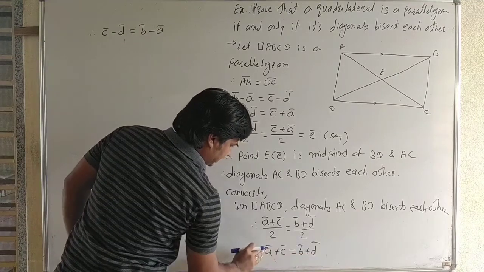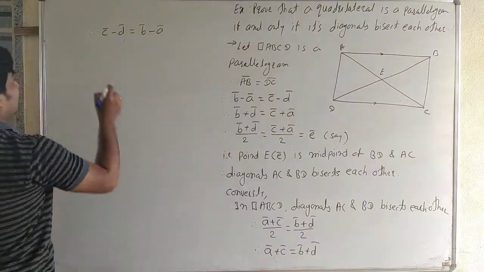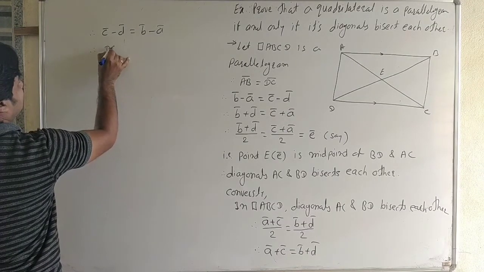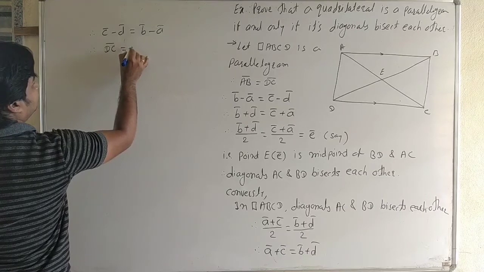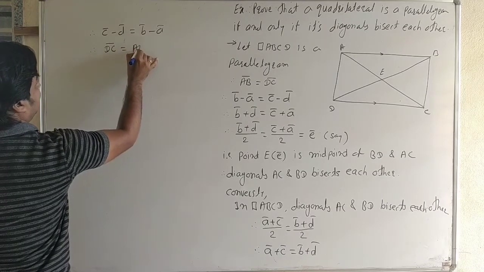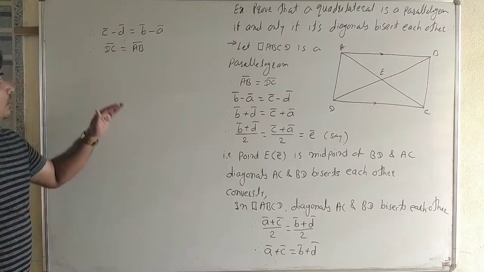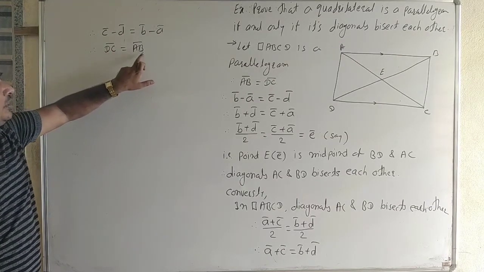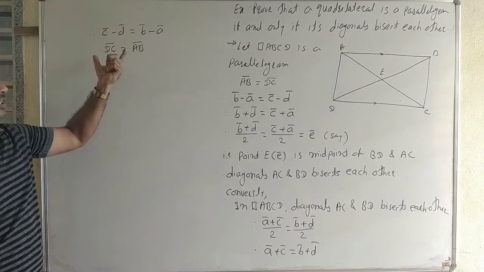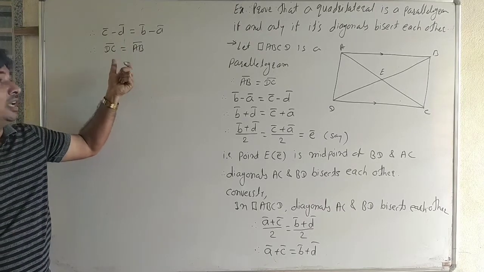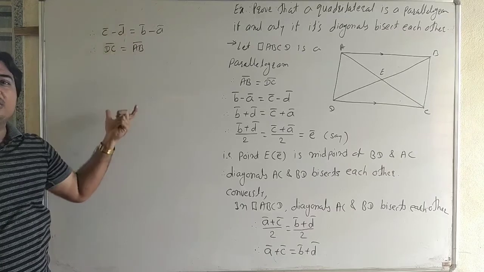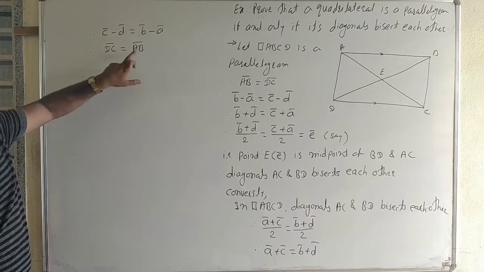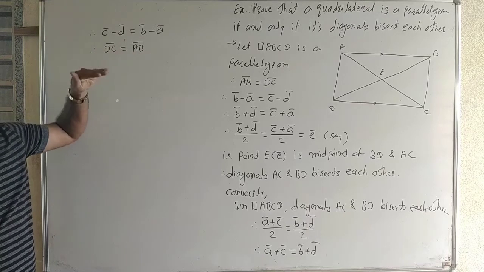Taking D bar to one side and A bar to the other, it is the vector DC and the vector AB. Again, by the last example, here two vectors are equal, that is, one vector is a scalar multiple of the other, here the scalar is 1. Therefore the two vectors are parallel, and being equal, their magnitudes are the same. Therefore the opposite sides of the quadrilateral are equal and parallel.